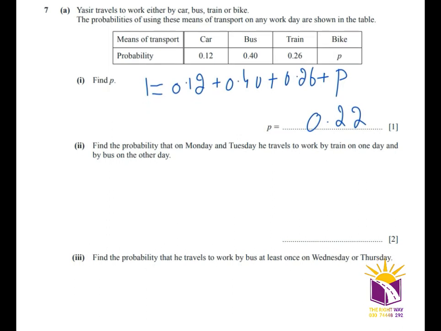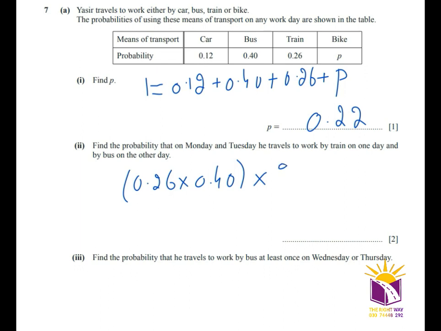Find the probability that on Monday and Tuesday he traveled to work by train on one day and by bus on the other day. So for Monday he is traveling by train, so it will be 0.26, and for Tuesday he is traveling by bus, which will be 0.40. It could also be that he is traveling by bus on the first day and train on the other day.